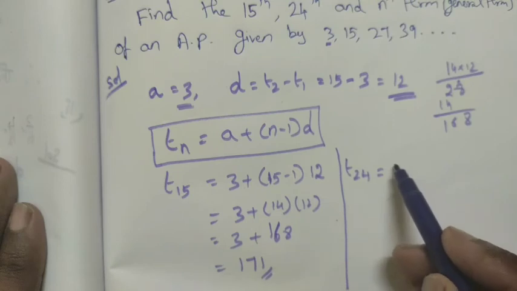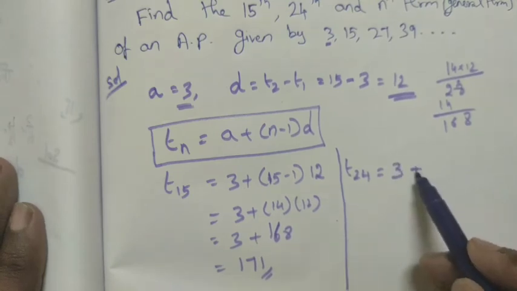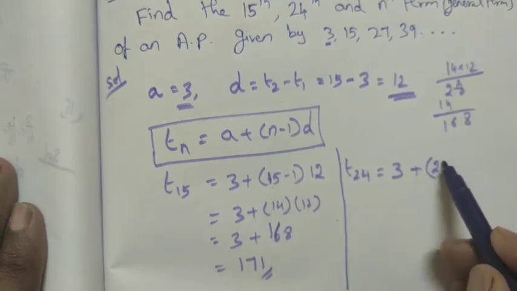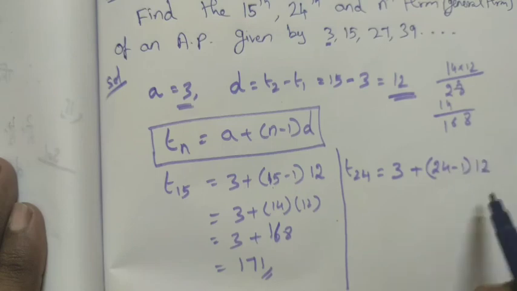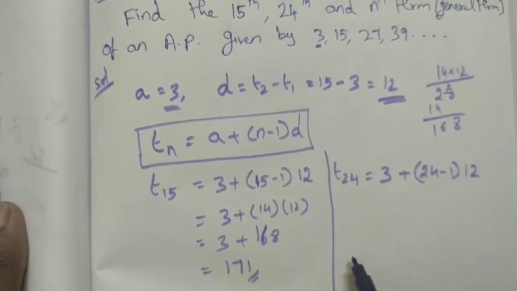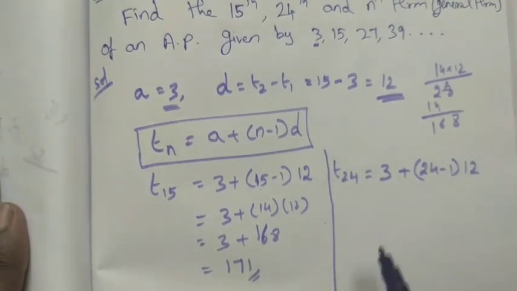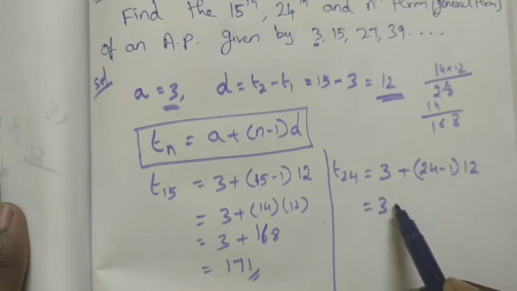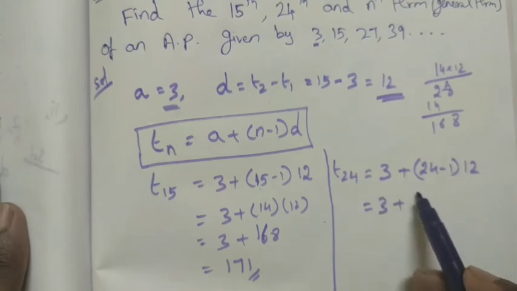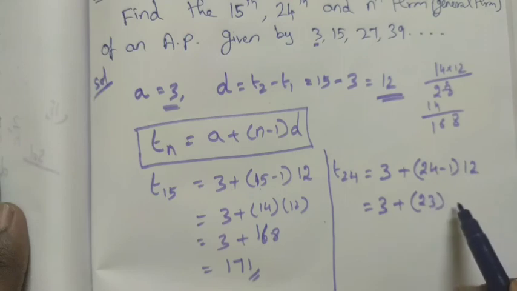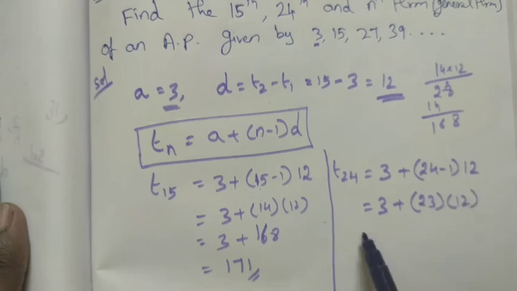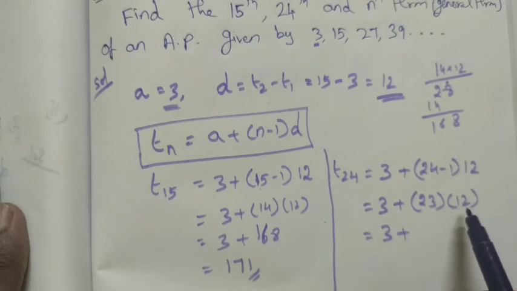T24 is equal to, in the place of a, 3 plus 24 minus 1 into d, right? 24 minus 1 is 23, so 3 plus 23 into 12. This is equal to 3 plus, multiply the terms 23 into 12.